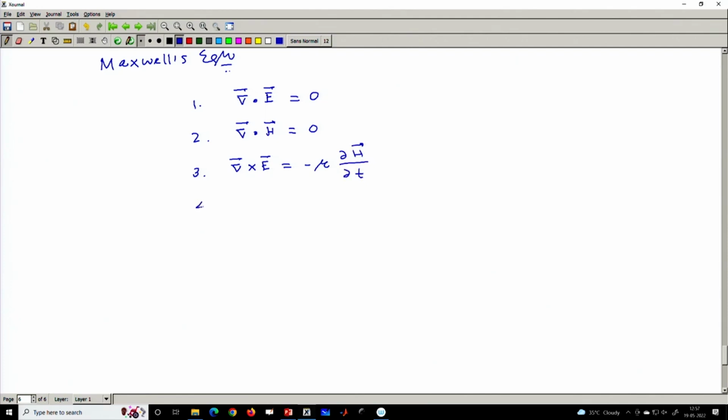And the fourth equation: curl of H is sigma E, because there is a J and that J should be sigma E, plus epsilon del E del t.